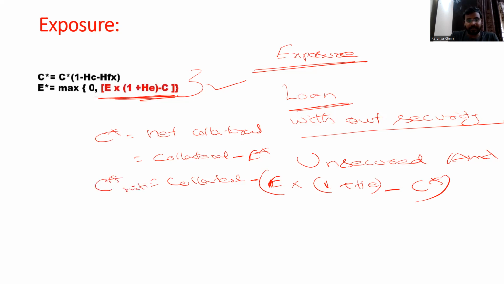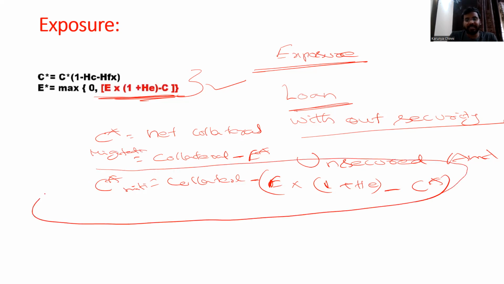This is the net collateral value after mitigation. This is how we use it in calculating the exposure and collateral after mitigation. In the example, we will understand it clearly.